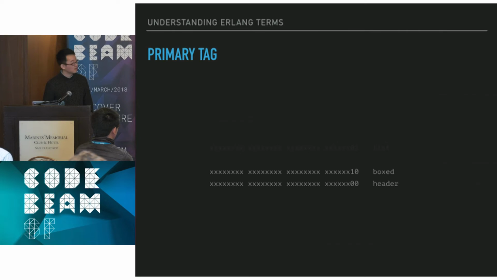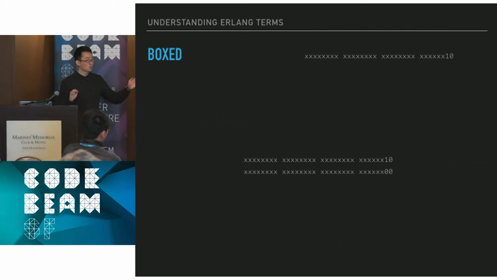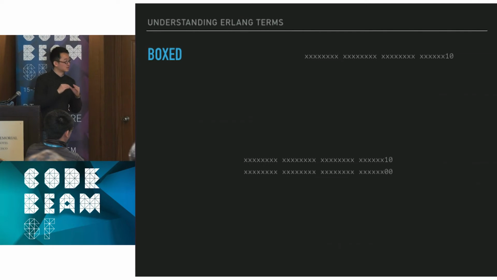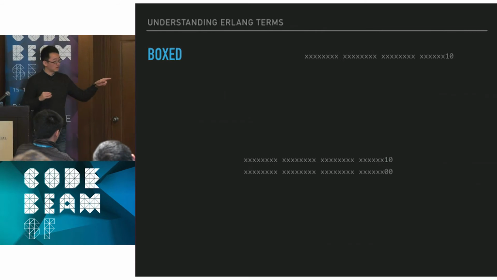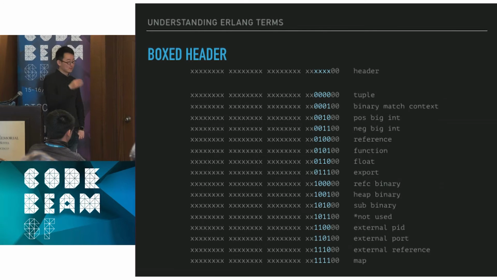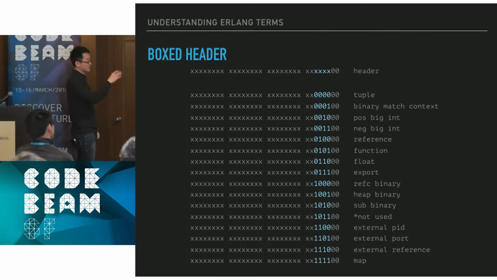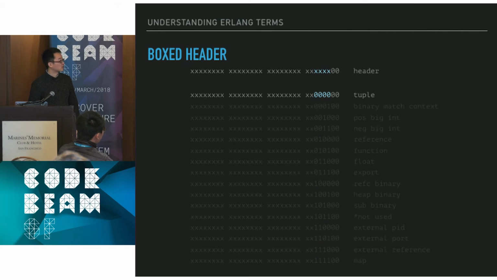Okay, now for the boxed value. The boxed value will start with 1 0, and then the next word in memory will be the header, starting with 0 0. It will read 4 more bits to know the actual type. We'll just look at the tuple here.